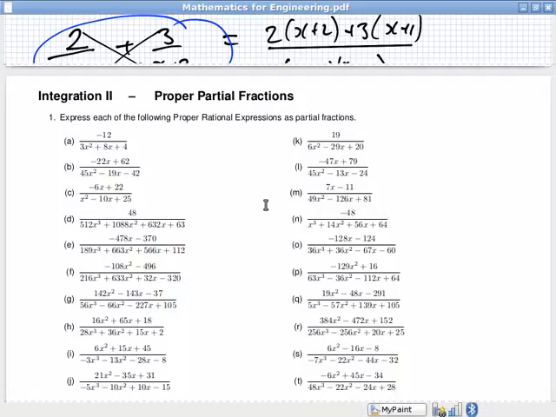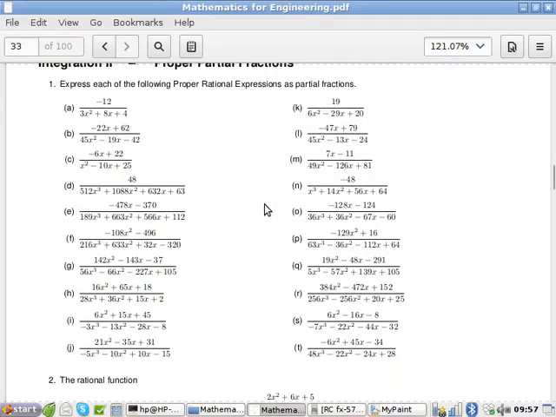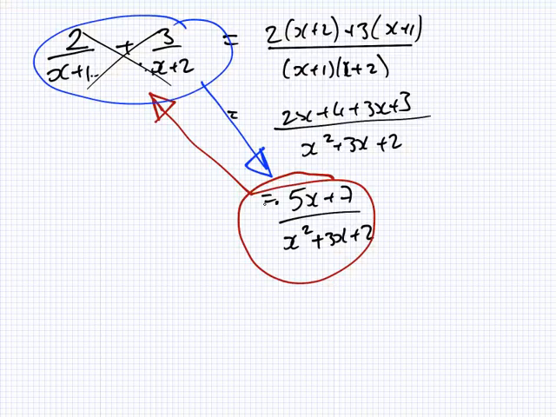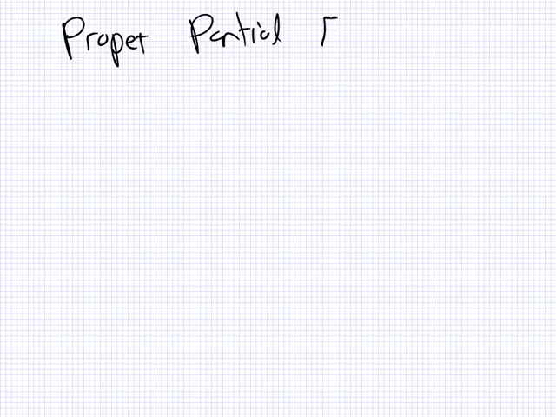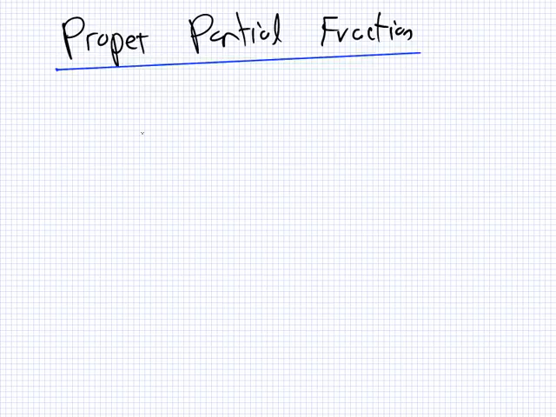So I will give you some basic rules I made up to help in the process. Firstly, we're going to look at what's called proper partial fractions. On the top you have an expression, and on the bottom you have an expression as well.